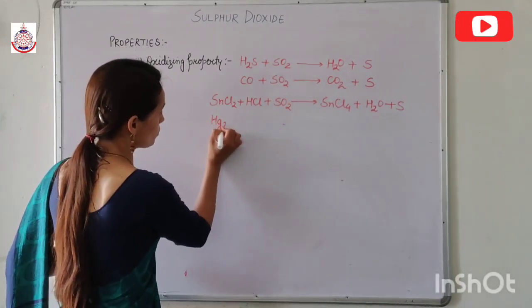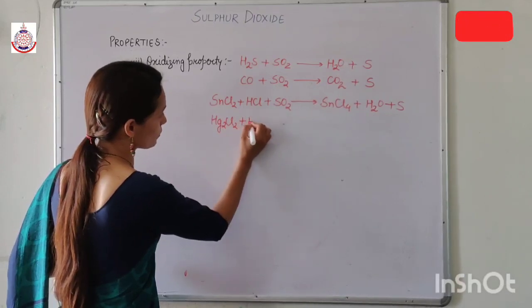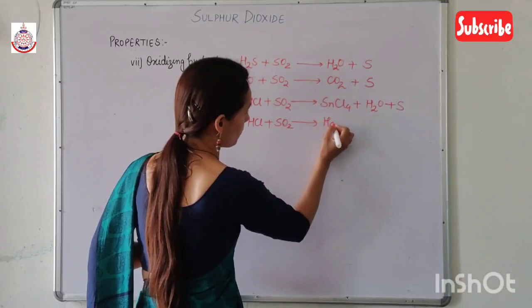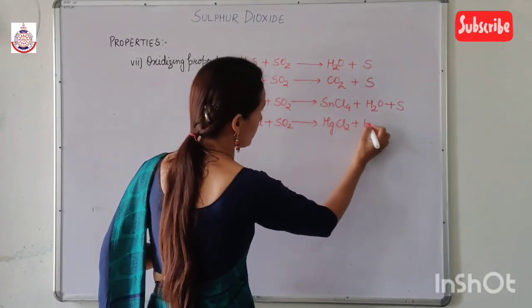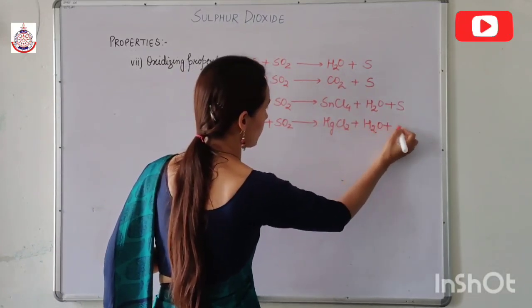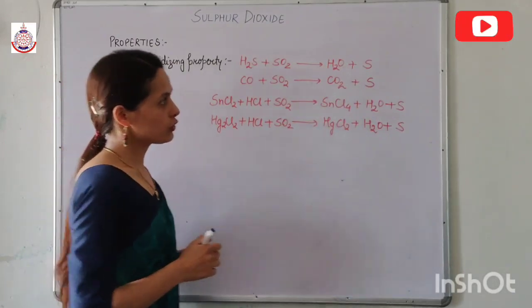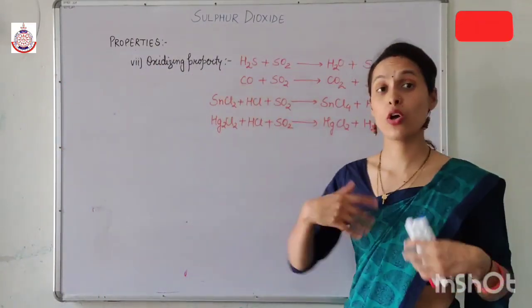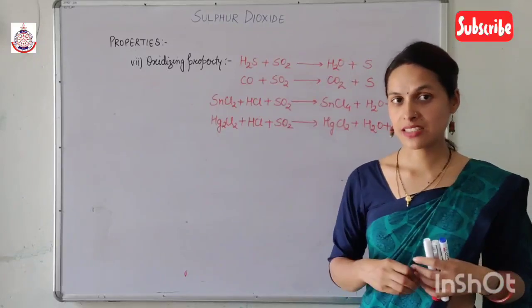Similarly, Hg2Cl2 when it reacts with SO2 in the presence of HCl forms HgCl2 plus H2O plus S. So through these four reactions, we get to know that sulfur dioxide also behaves as an oxidizing agent.